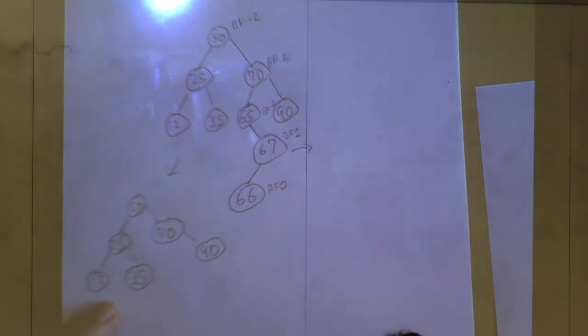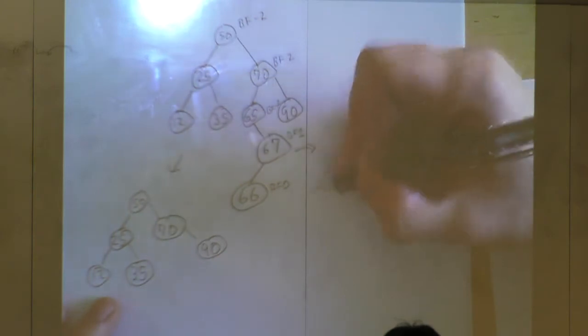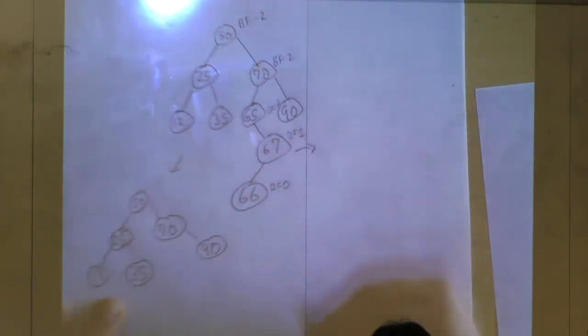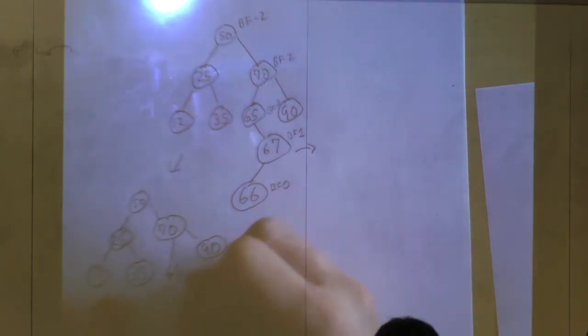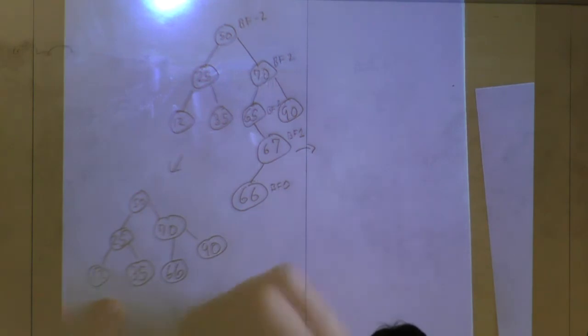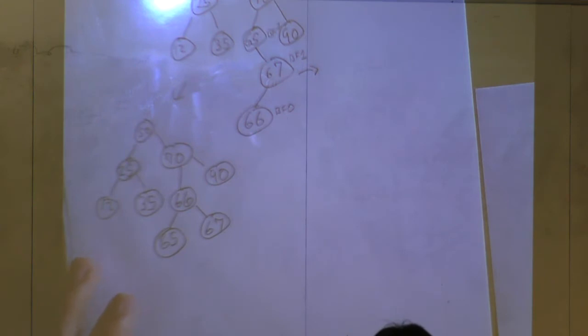And then when we make the right rotation, it'll end up being 65, 66, 67. And then we're going to rotate backwards this way. So what'll end up happening is you'll have 66 here. You'll have 65 here. You'll have 67 here. Everybody follow? So that was after both.